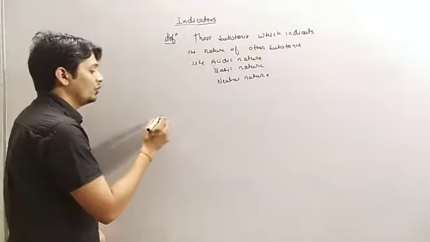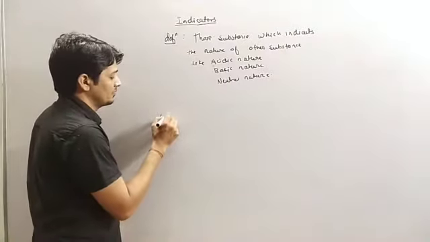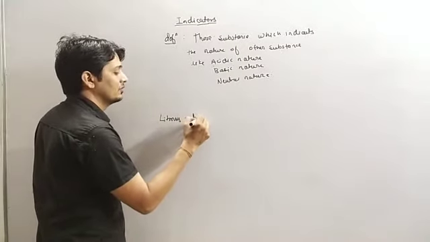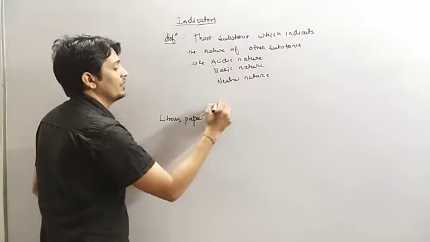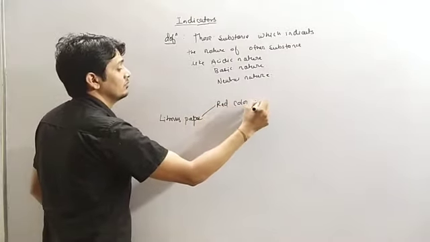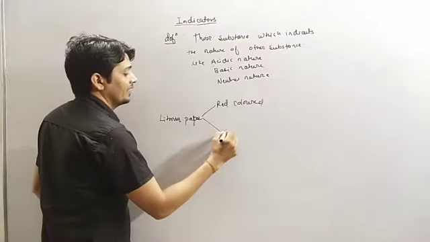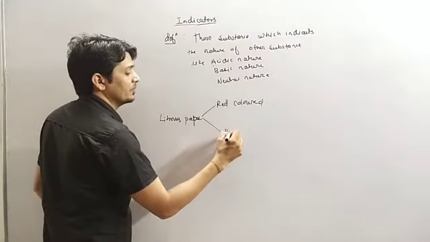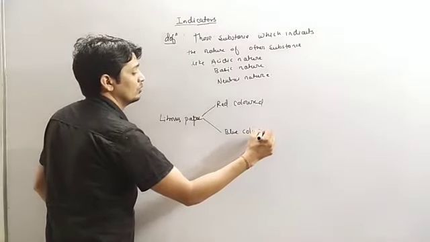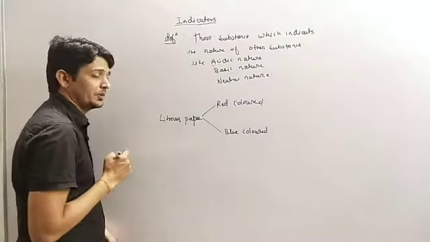Like, we have two types of litmus paper. One is red colored and another is blue colored litmus paper.